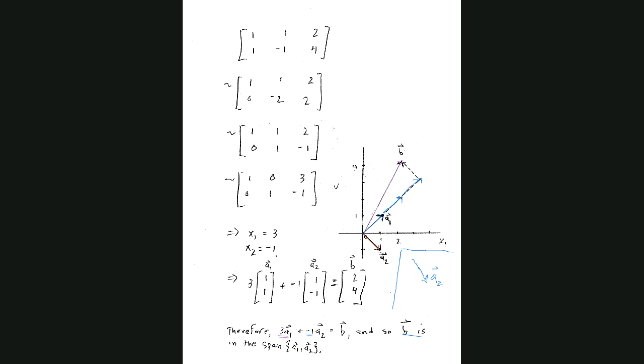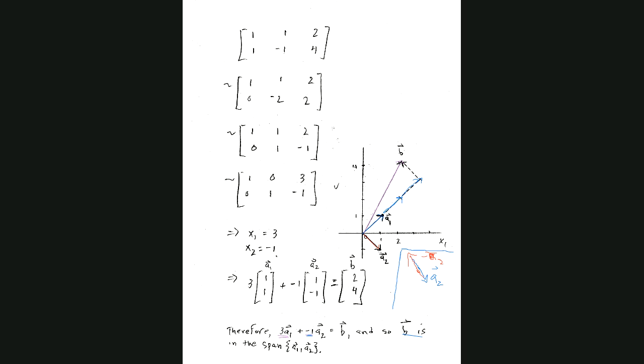So negative a2 would be this. That's negative a2. I'm trying to draw it the best I can. Head to tail method, exactly right.